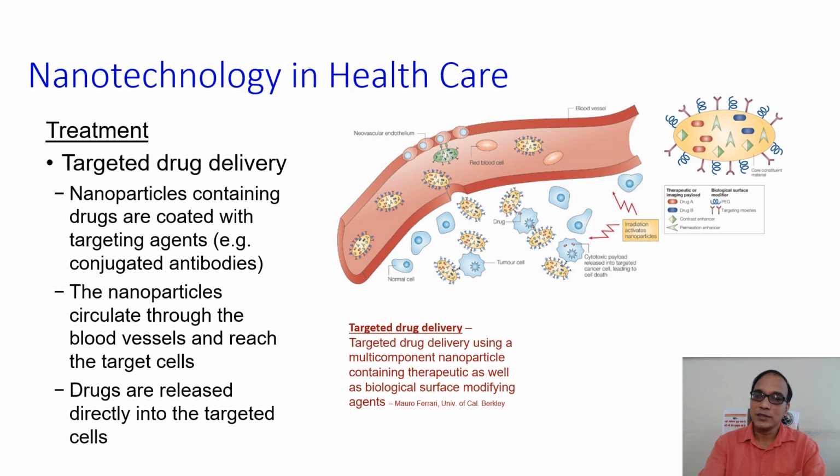The targeting moieties are attached to these nanoparticles, and they hold the key for the attachment, because we can develop any other particle, but without targeting moieties it cannot identify the target organ or target site. So the targeting moieties are basically the driving force behind the success of targeted drug delivery.